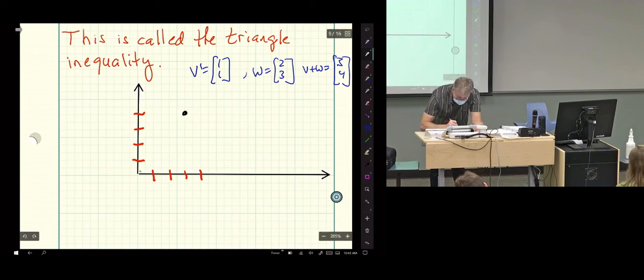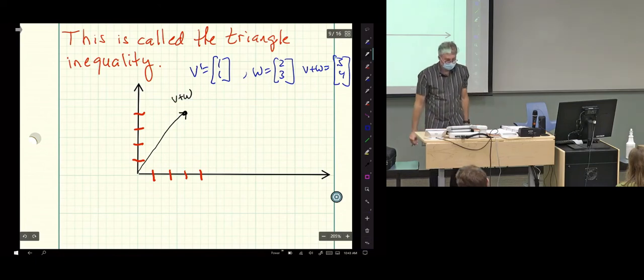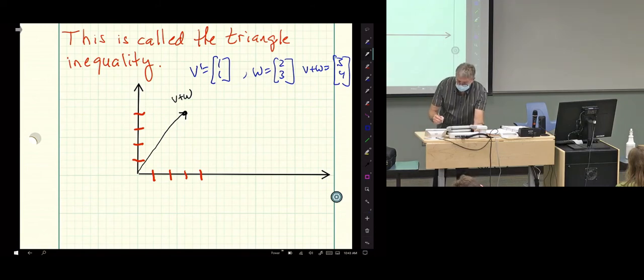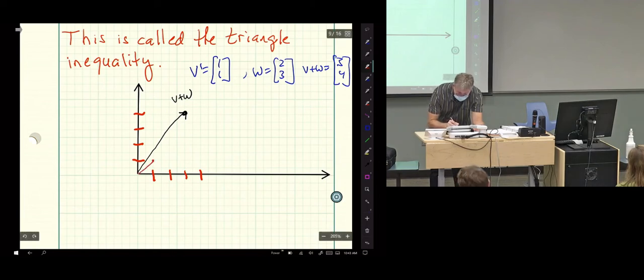Okay, so here's the vector V plus W at 3 and 4. That's V plus W. Let's put V in there. V is 1, 1. So V goes here.